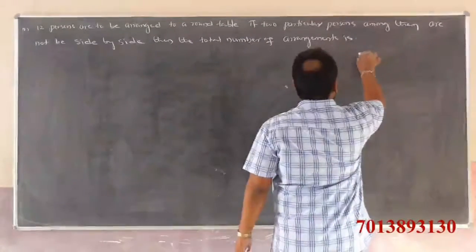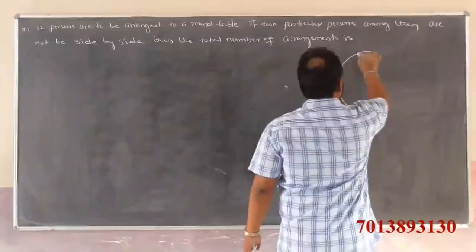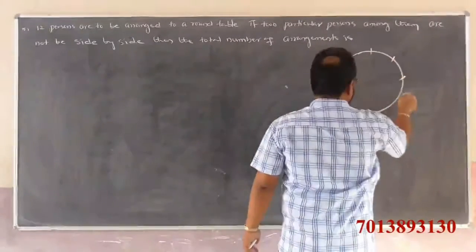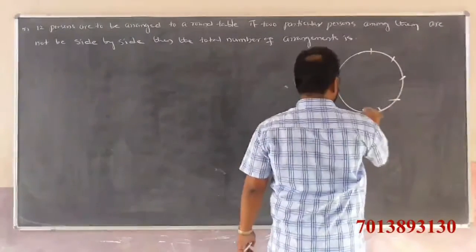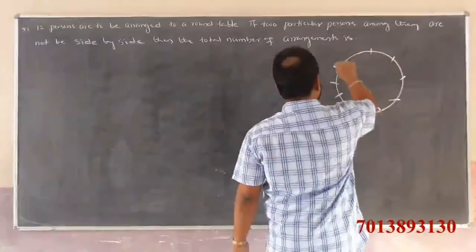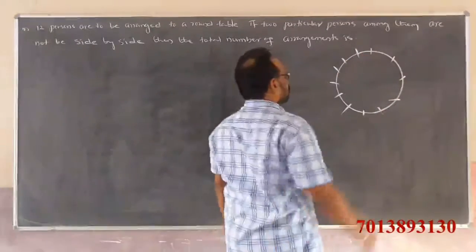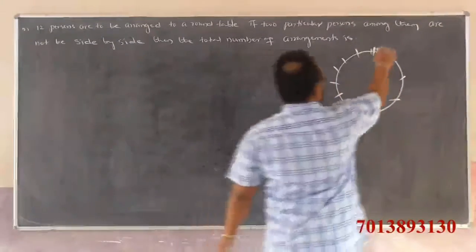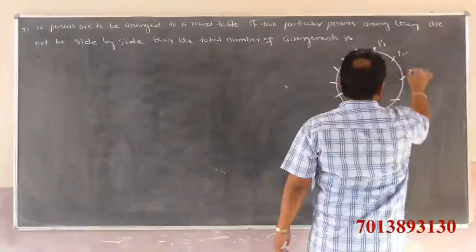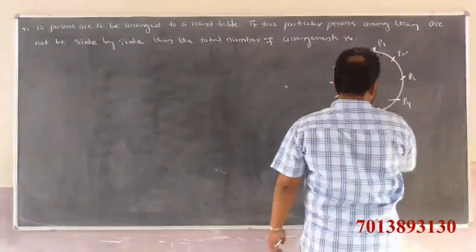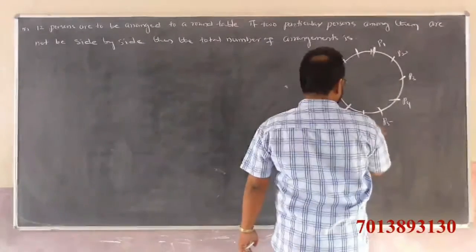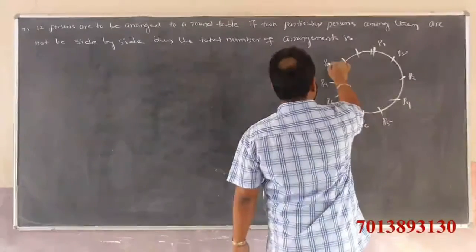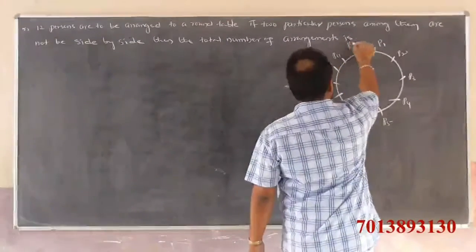That means, observe here, clearly 12 persons, that is person number 1, 2, 3, 4, 5, 6, 7, 8, 9, 10, 11, 12.